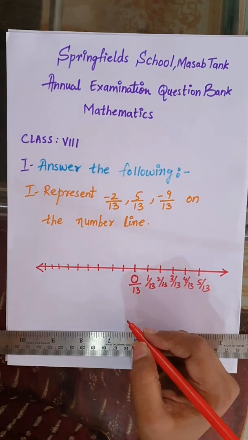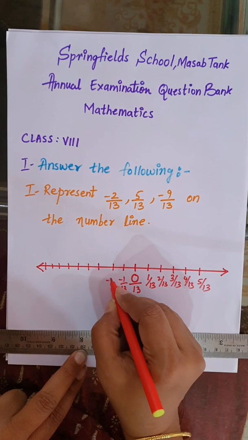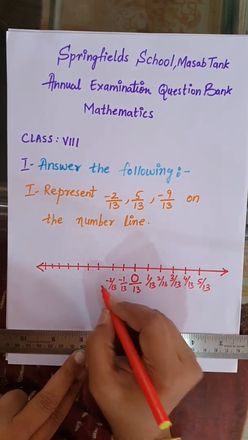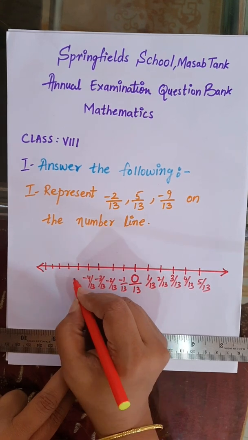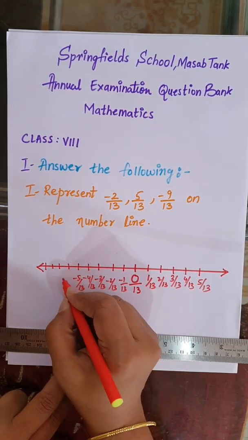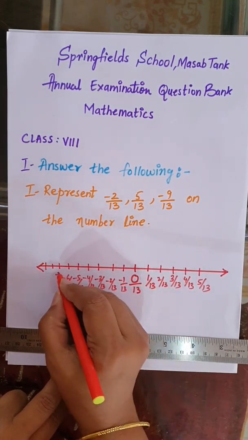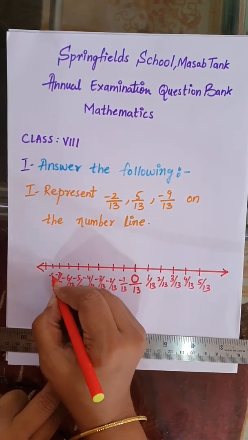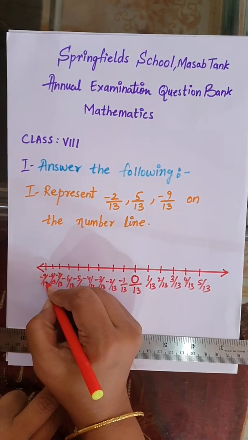And on the left side you have minus 1 by 13, minus 2 by 13, minus 3 by 13, minus 4 by 13, minus 5 by 13, minus 6 by 13, minus 7 by 13, minus 8 by 13, and here is minus 9 by 13.